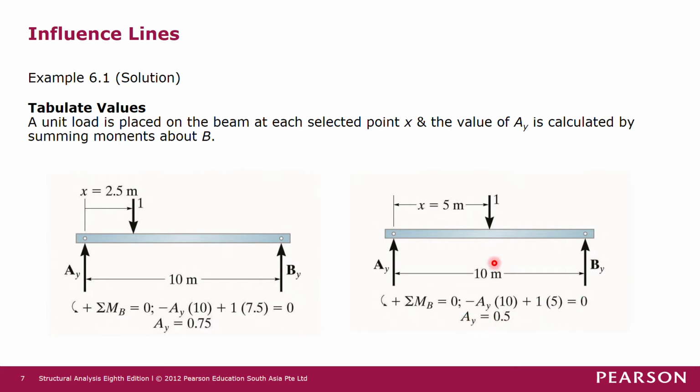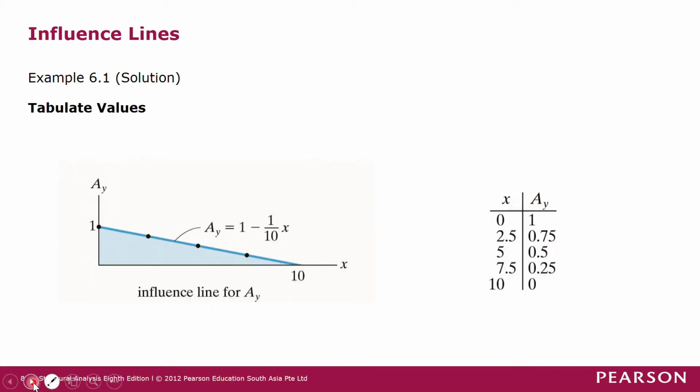Then next, we put a 1 unit force at 7.5 meters away from this point here, and then you will be getting AY equals 0.25.